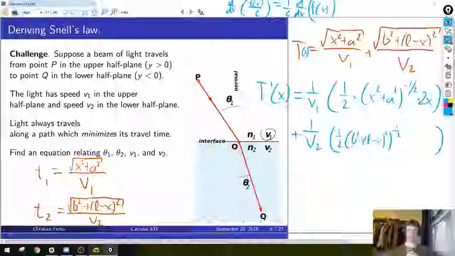I wrote that poorly, but okay. And then the inside piece. And the derivative of that is going to be negative 2.